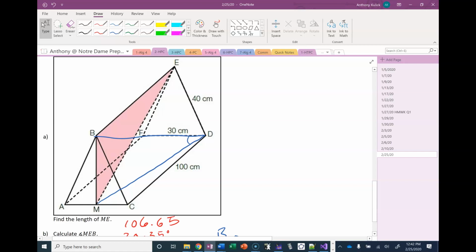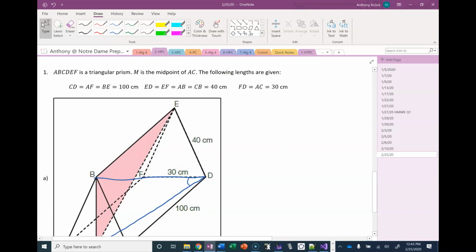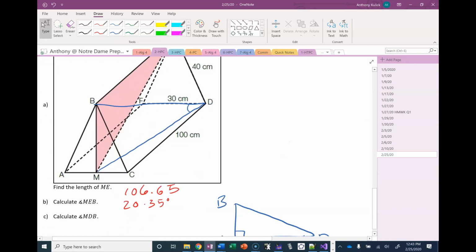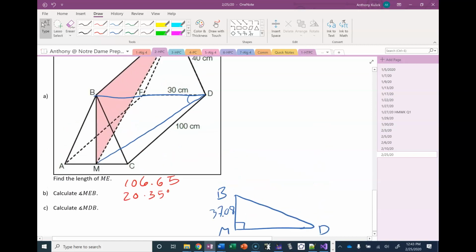There's got to be a good shortcut. But maybe there's not. Oh, do we know BM? So what is BM? Okay. So this is 37.08. Fantastic.